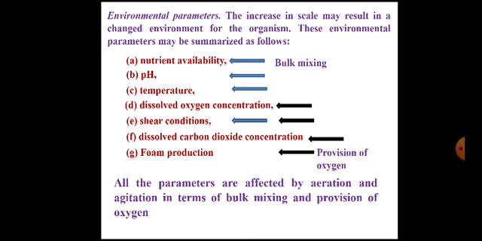So all these parameters are affected by aeration and agitation. Therefore, that makes us say that aeration and agitation dominates the study of scale up. So this is how we can justify this.